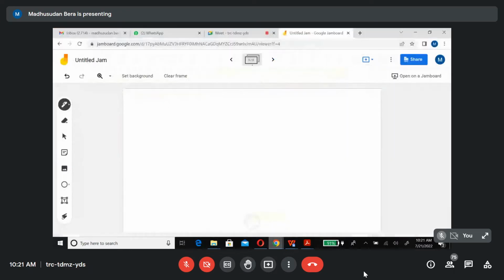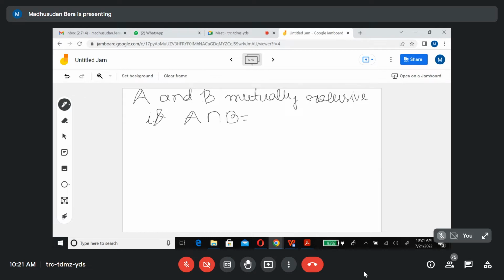So A and B mutually exclusive means they cannot happen together. In mathematical notation, A intersection B equals phi, the empty set.